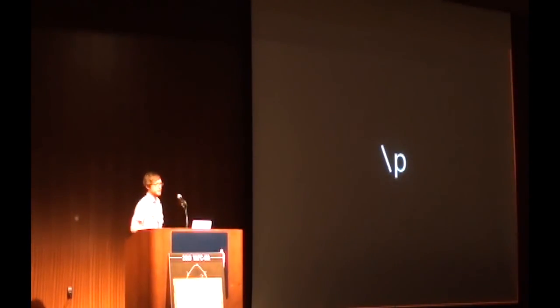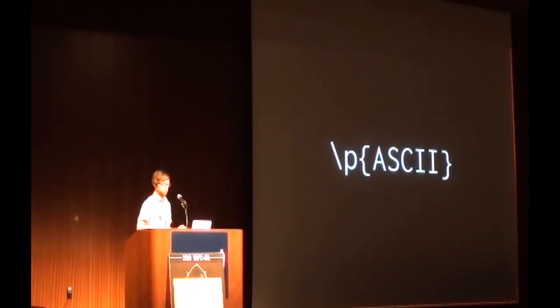Now, backslash P, we saw a little bit of this before, but it's used for matching Unicode character properties. Every Unicode character has metadata associated with it, which they call properties. And learning some of the basics here can be very useful in pattern matching in your regular expressions. I'll go over a few here. First off, there's one just called ASCII. This will match any one ASCII code point.